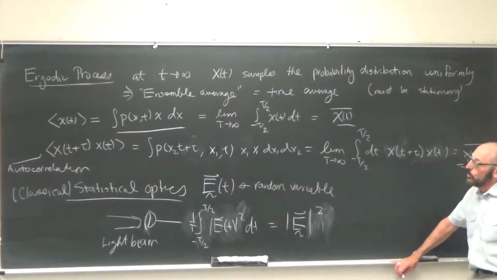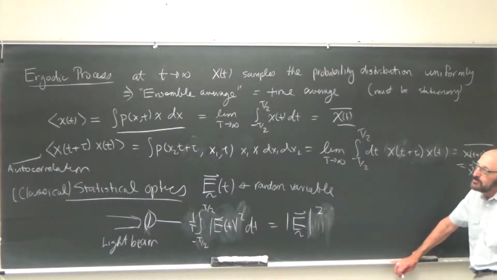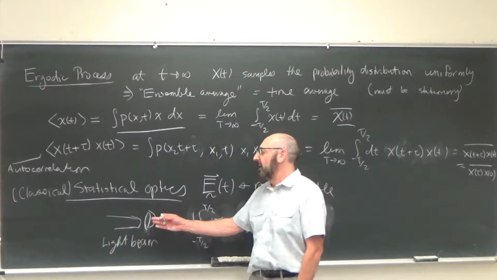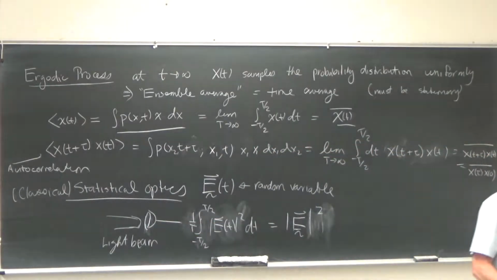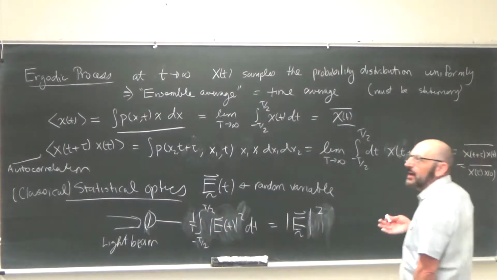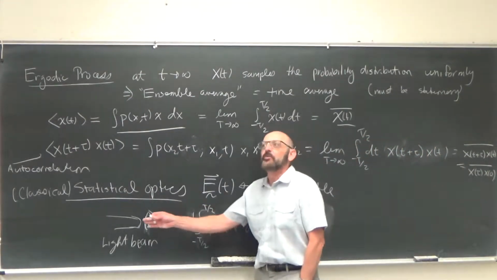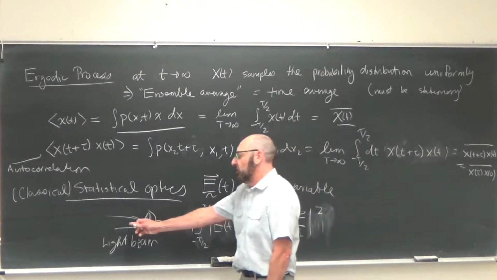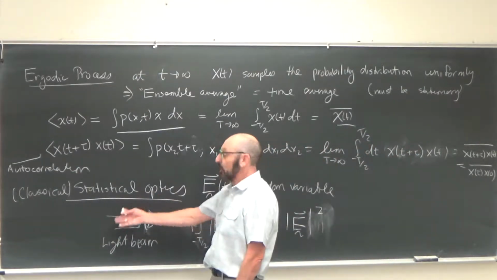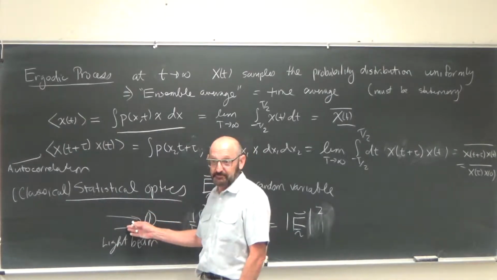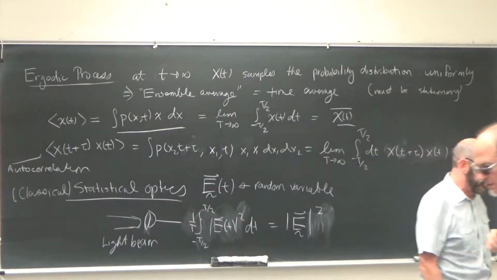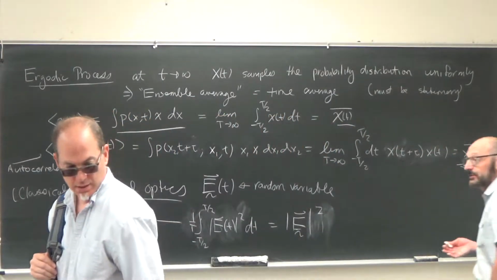Right. So, in optics, typically what we're doing is measuring the intensity on some photodetector, and that photodetector integrates over an amount of time. If the light field that's coming in has some statistical fluctuations, well then the current that I would see on this photodetector would be something random, right?